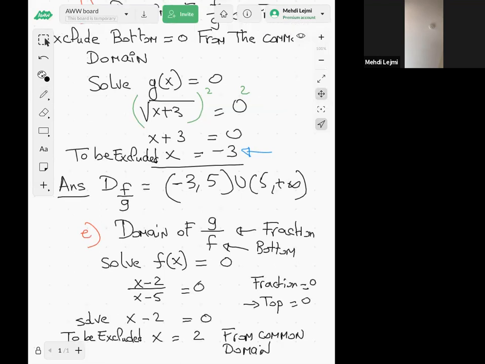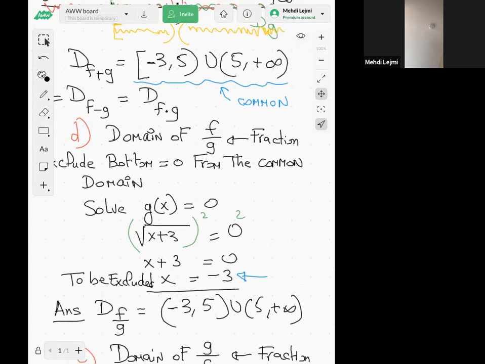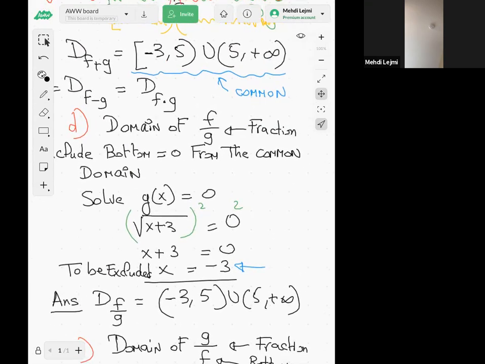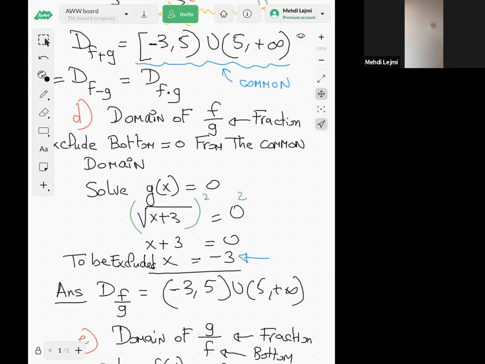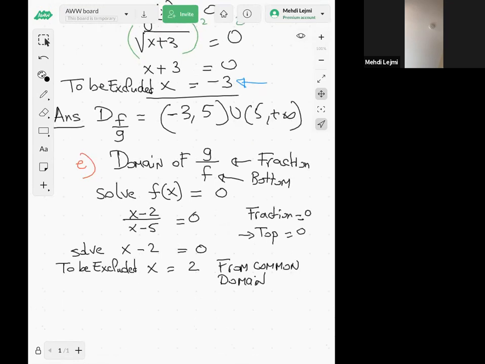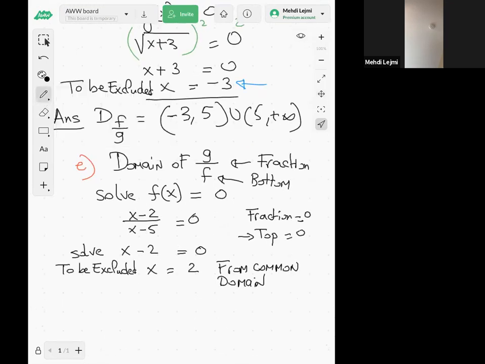Remember, here's my common domain. This -3 included, 5 to 5 positive infinity. That's my common domain. And now I have to exclude 2, right? So then the answer here, so domain of g over f would be -3 included, because it's in our common domain.